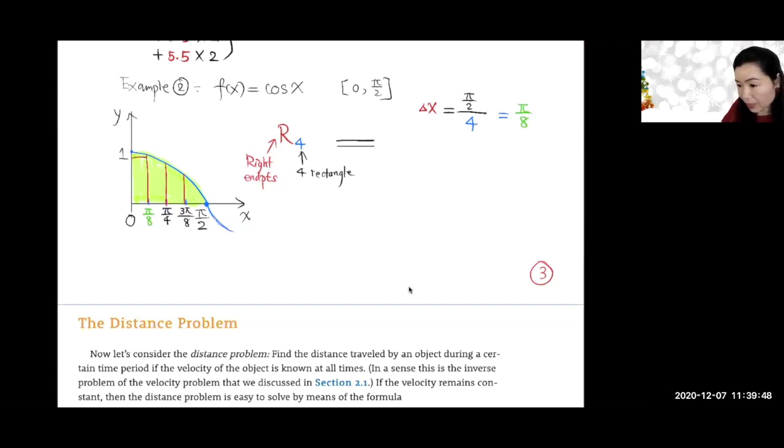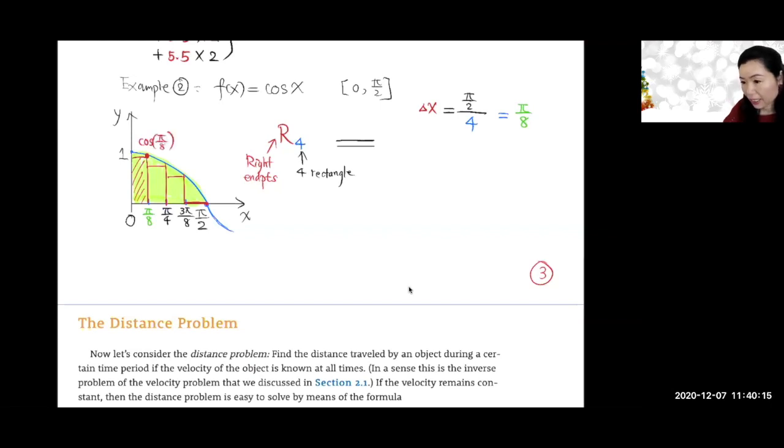Using the right endpoint, this will be the area for the first rectangle, right? And then this is the area for the second and third. And the last one over here collapsed, because the height is 0, okay? So for the right endpoint, let's find the y coordinate for each right endpoint. This is cosine of pi over 8.